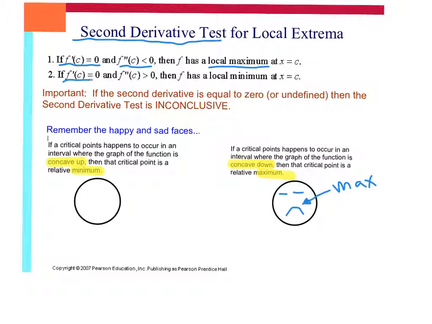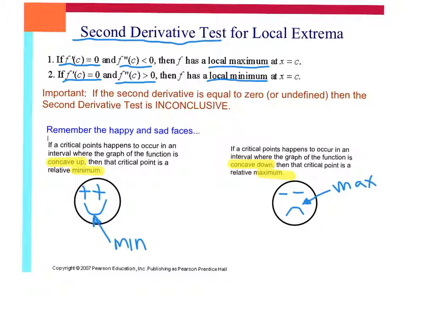If you find a critical point where the first derivative equals 0, and then you also notice that the second derivative is greater than 0, that means we're concave up. Okay, second derivative is concave up. Then at this point, your value will be a minimum, because if a graph is concave up and you have an extrema, it must then be a minimum.